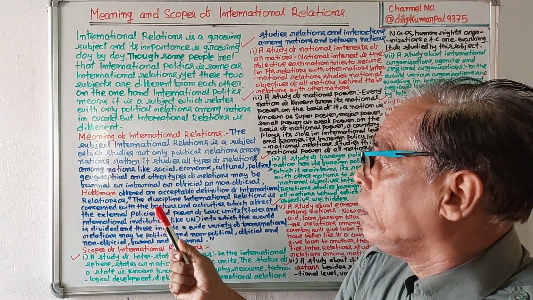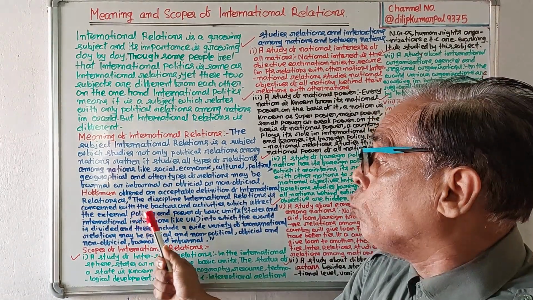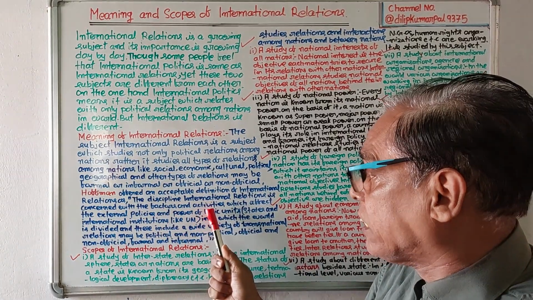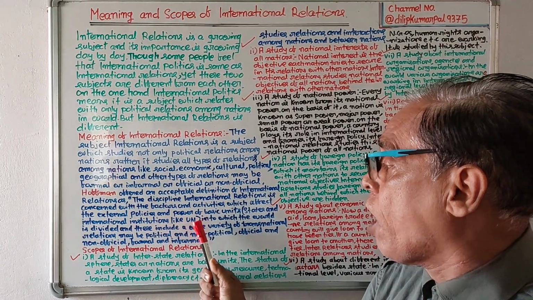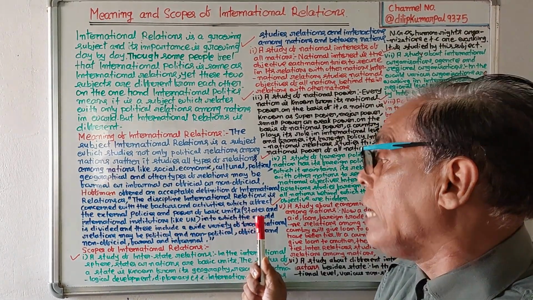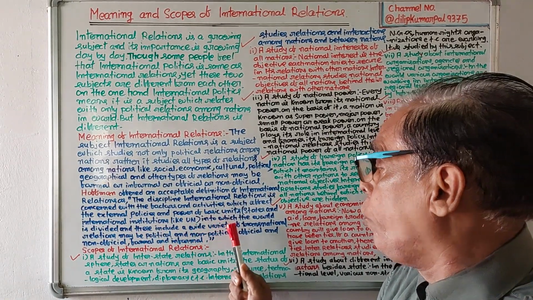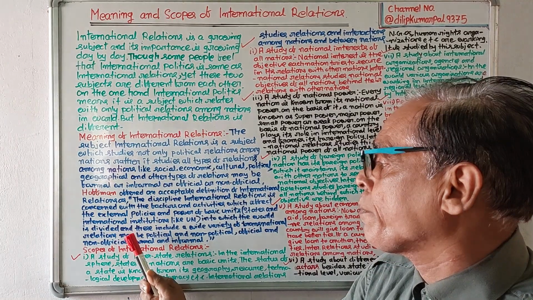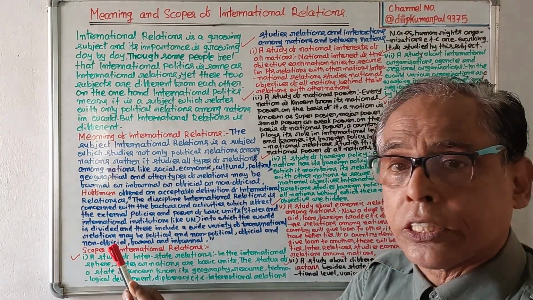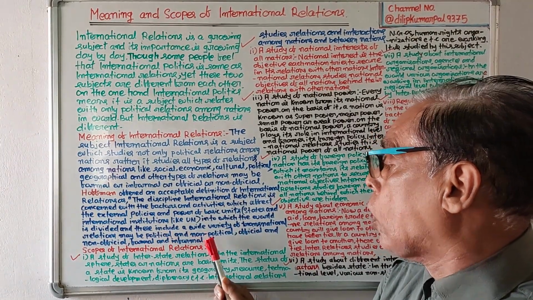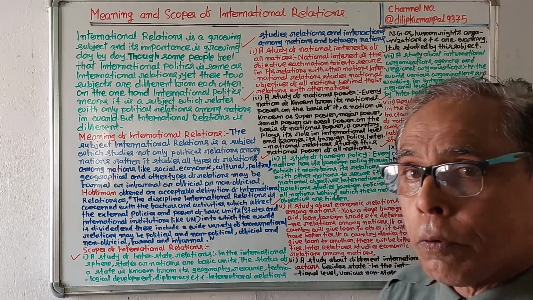According to Professor Hoffman, the discipline international relations is concerned with the factors and activities which affect external policies and power of basic units, the states and international institutions like UN, into which the world is divided, and these include a wide variety of transnational relations, may be political or non-political, official or non-official, formal or informal.